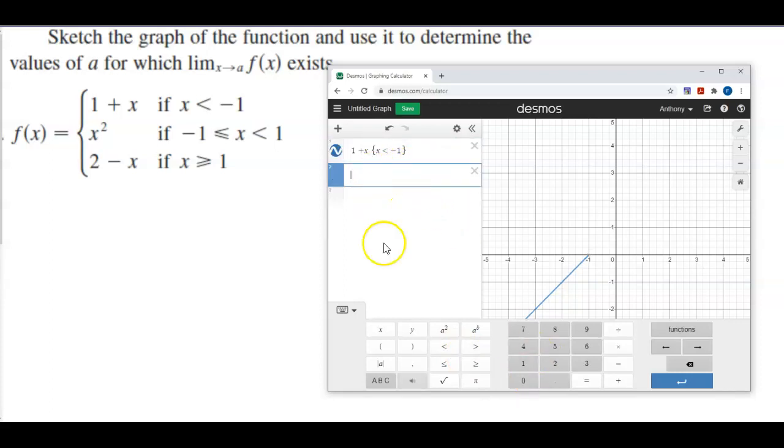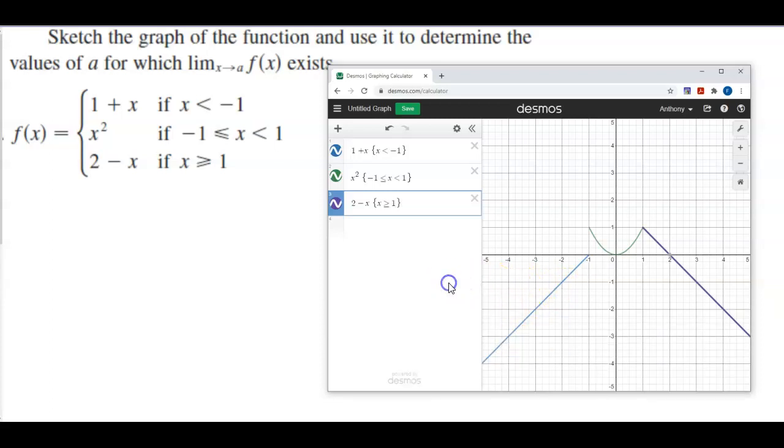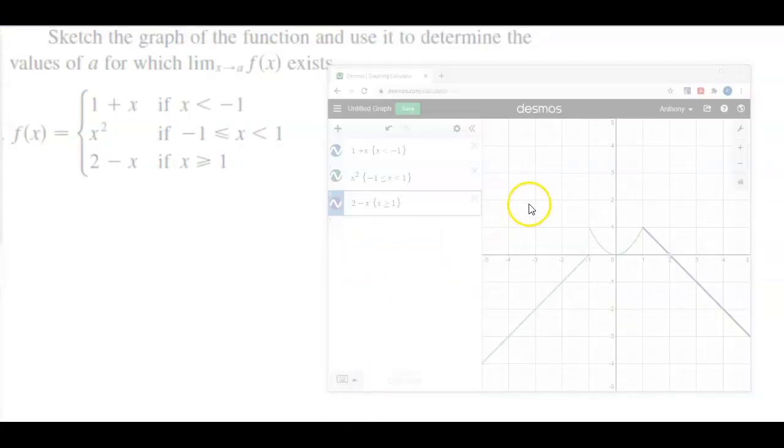Then we have x squared, and that restriction goes from -1 less than or equal to x, and there it's less than 1. And then the last piece is 2 minus x, where we have x greater than or equal to 1. Okay, so let's go ahead and copy this graph.